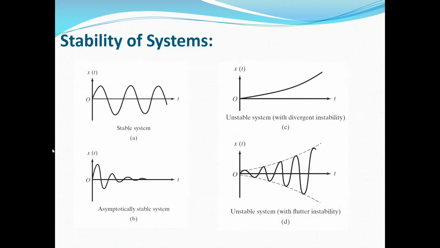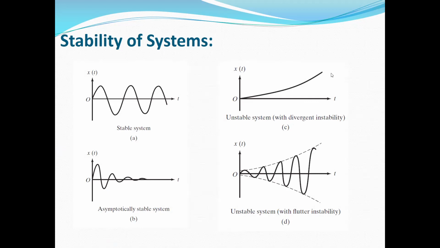Here you can see different diagrams for different structures. Case A is a stable system. As you can see, the amplitude of the response remains the same by time. Case B is an asymptotically stable system. You can see after a while, the response vanishes and the amplitude is 0. Case C is an unstable system, but this is a divergent instability.